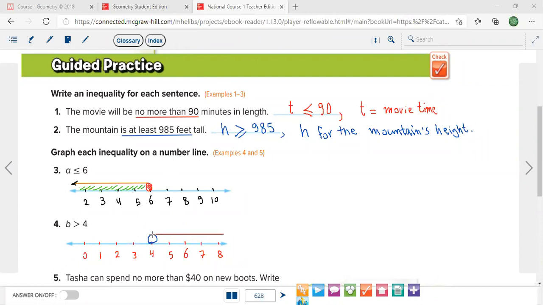Because we have the bigger than, greater than sign. And we shade all the numbers to the right of 4. This is how to represent on the number line.